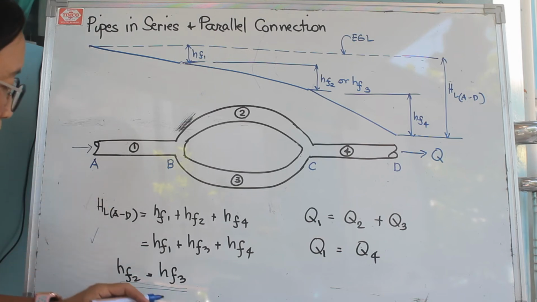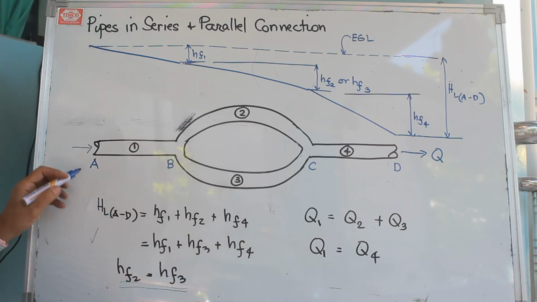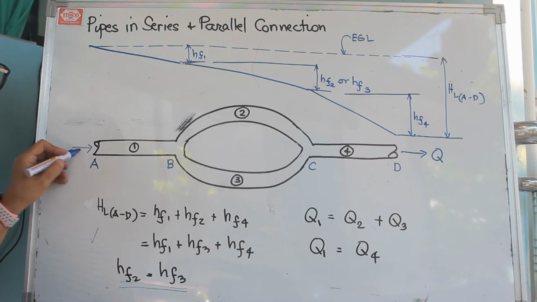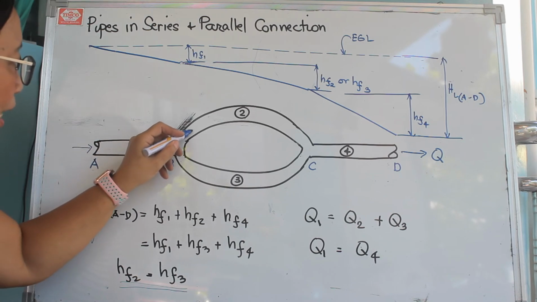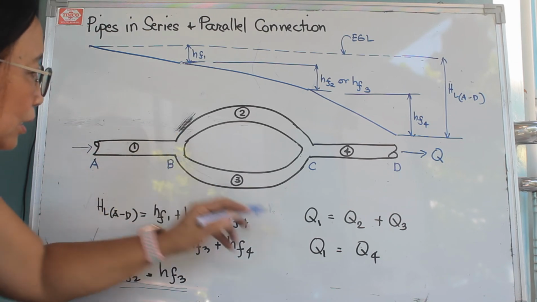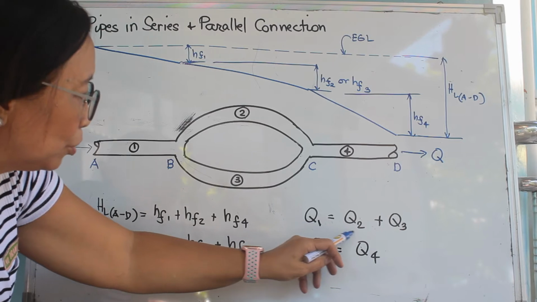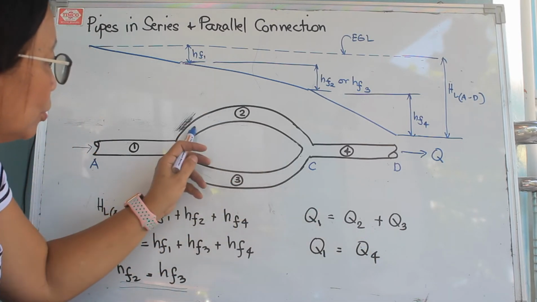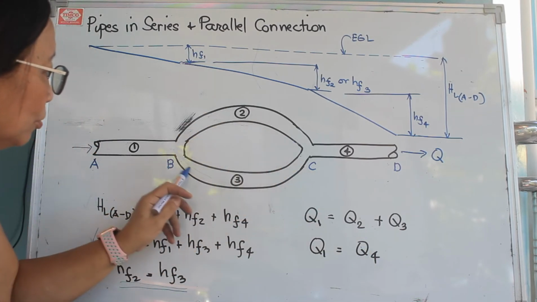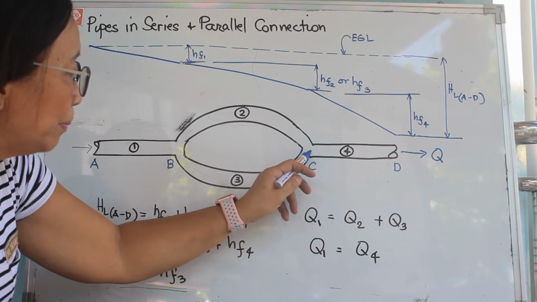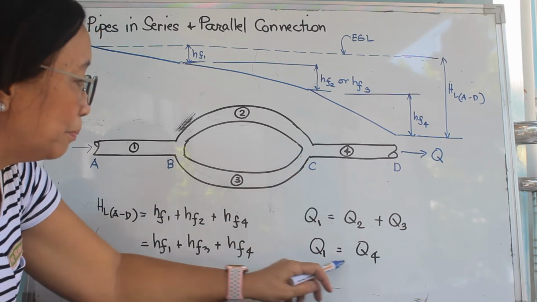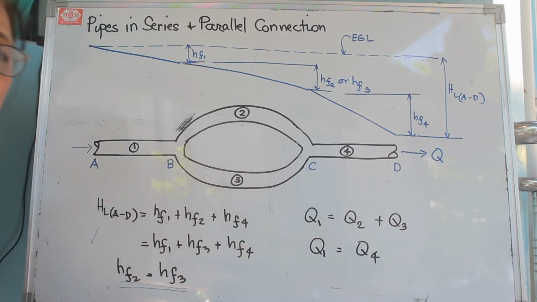Now, in terms of the discharge, our equation will be, okay, yung discharge at pipe 1 ay nagkaroon ng division na hati sa pipes 2 and 3. So, it is Q1 is equal to Q2 plus Q3. So, continuous ang flow dito, continuous ang flow sa pipe 3, at magme-merge siya ulit para lumabas sa pipe 4. So, Q1 is equal to Q4.